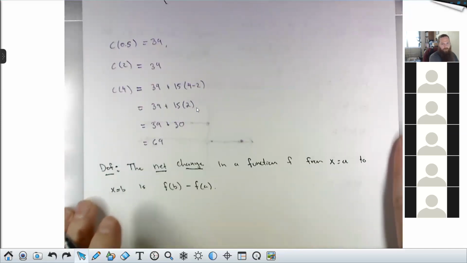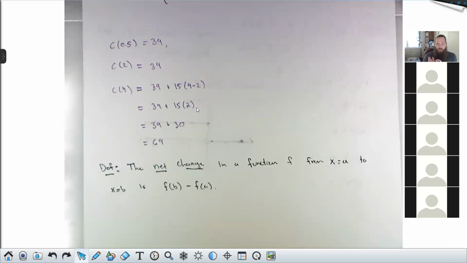Net change is what it sounds like. It's how much did the output change as the input goes through some change. So my input here is going from a to b, and I want to know how much did the output change as the input went from a to b. Well, you just subtract the outputs.